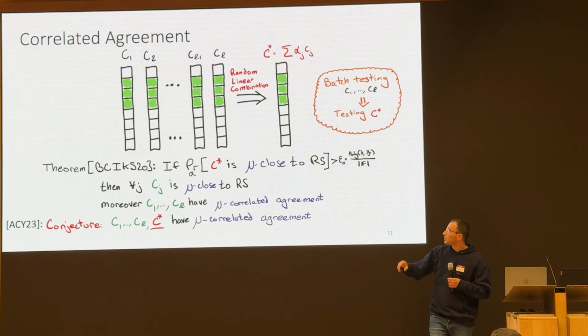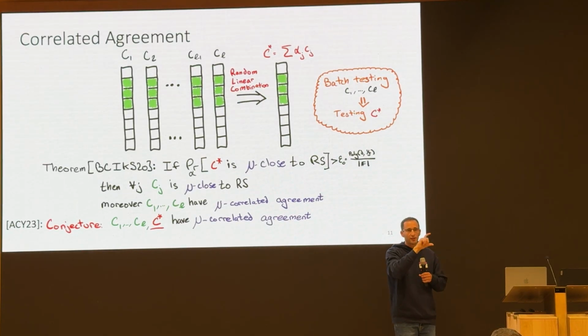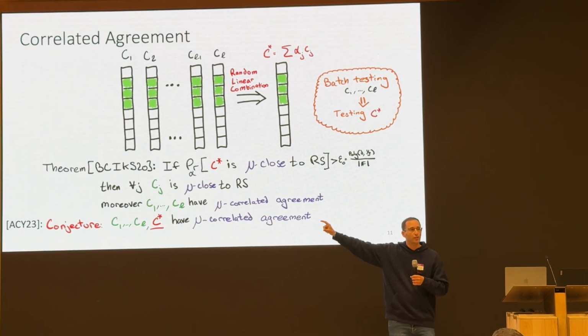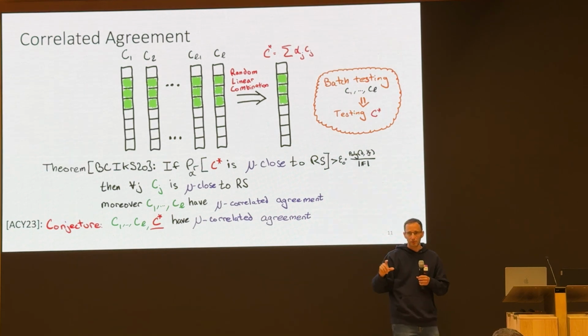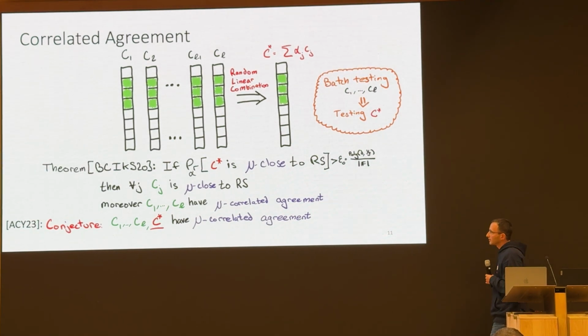Any place that C star is close to the degree, all the CIs are close to the degree at the same place. C star in general is going to be close to the degree in many different places, and each and every one of them implies that all the CIs are close to the degree at the same domain. So this is mutual correlated agreement.